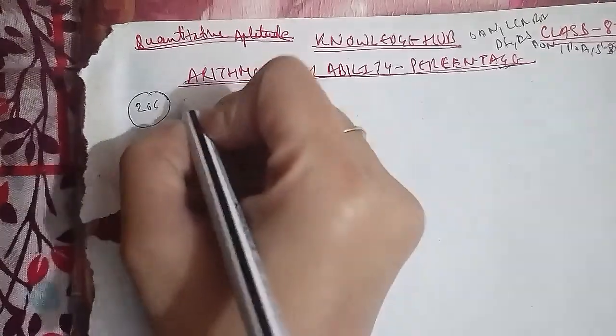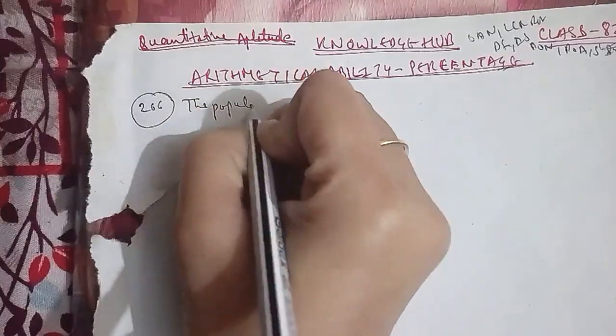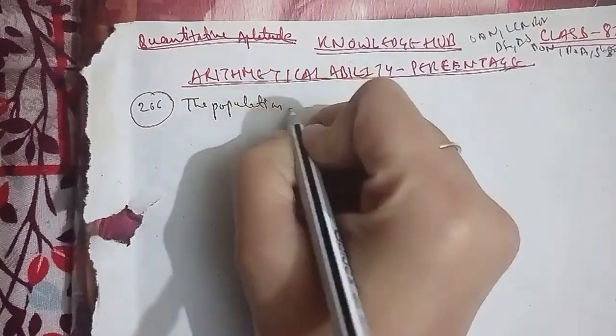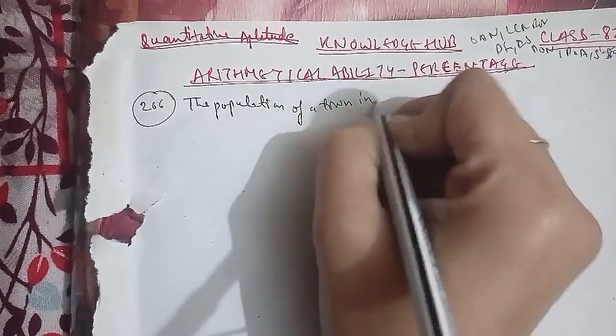The population of a town increases by 5% annually.